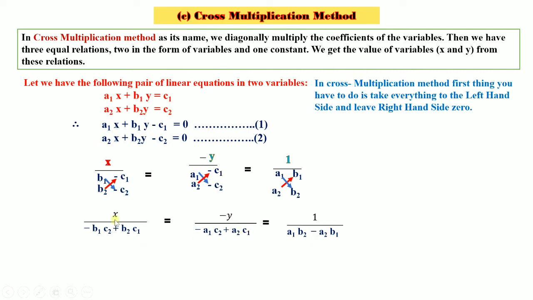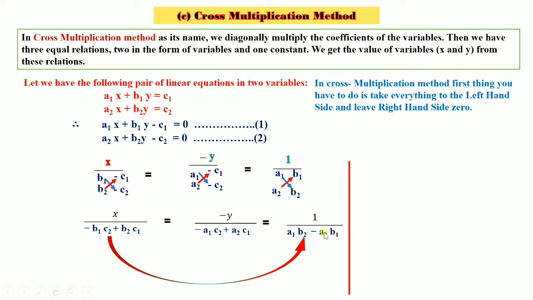Now since these three are equal, in the first case we will connect this x with this constant, take these two equal and then solve for x, and later we will connect y and 1, cross multiply and then find the value of y like this. First we will take this red arrow mark, x upon this thing is equal to 1 upon this thing.